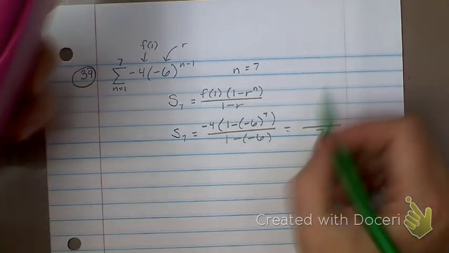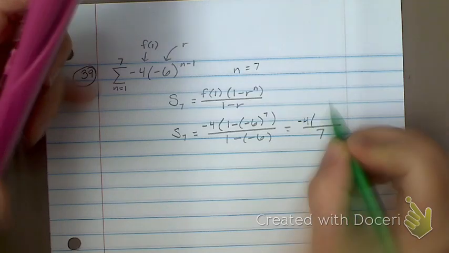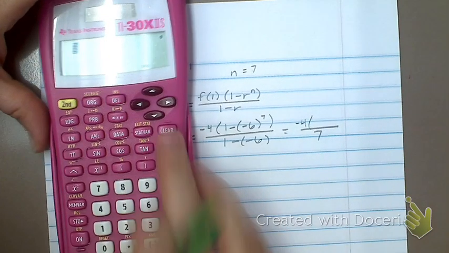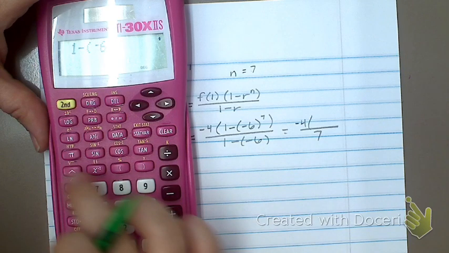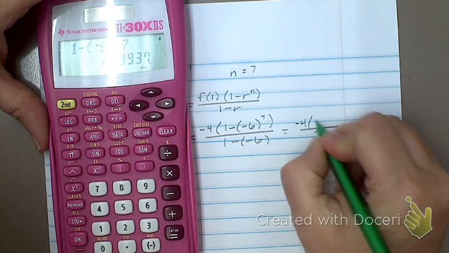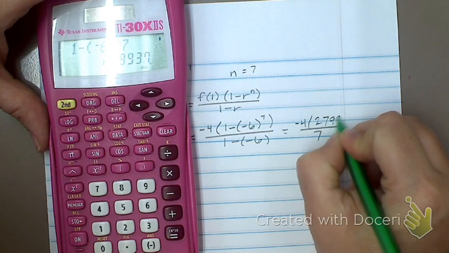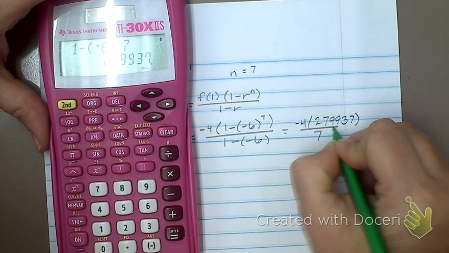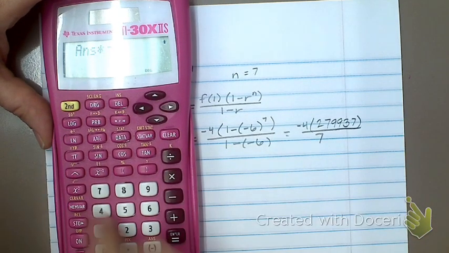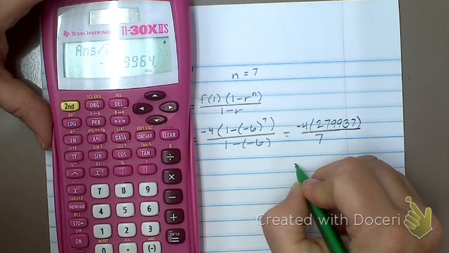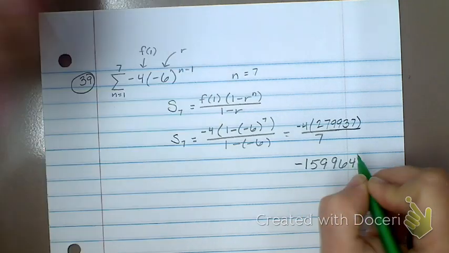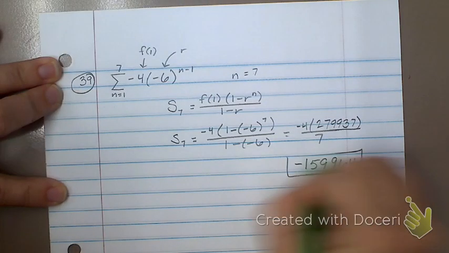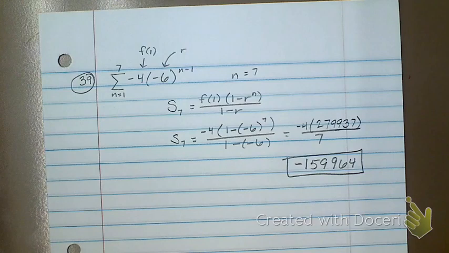On the top, I have -4 times, let's see, 1 minus -6 to the 7th, which is 279937. So now I just have to multiply that by -4 and then divide by 7, and my answer is -15,964 for the sum of that series.